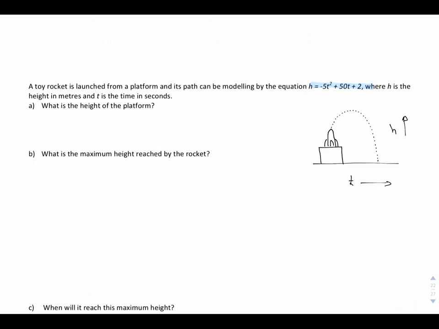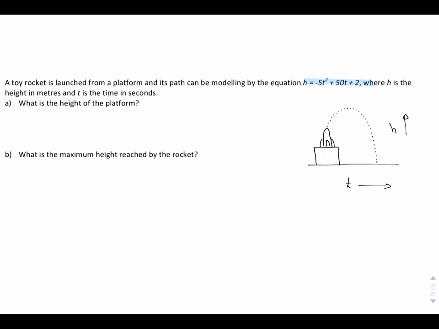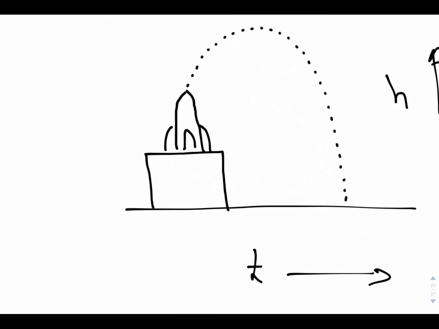The first question is the height of the platform. What is that height? Well, in order to figure that out, we have to think about the scenario here. When the rocket is launched, the time is 0, and at that time, the base of the rocket is sitting on the platform. So if I can substitute in 0 into my equation, I can actually get the height of the rocket.